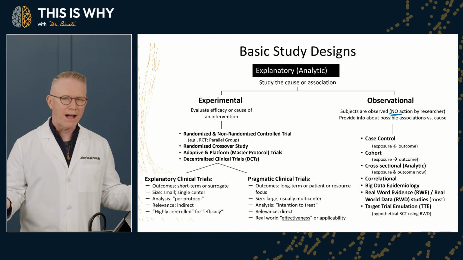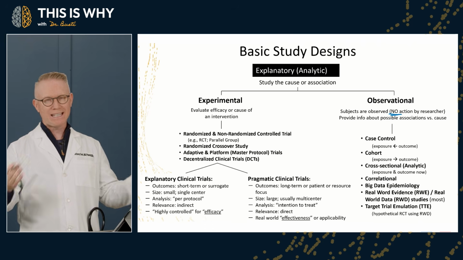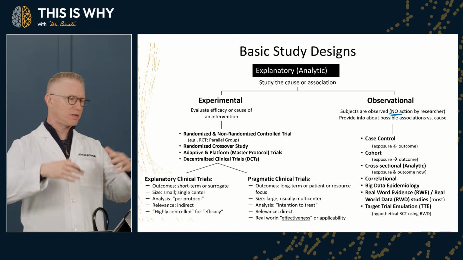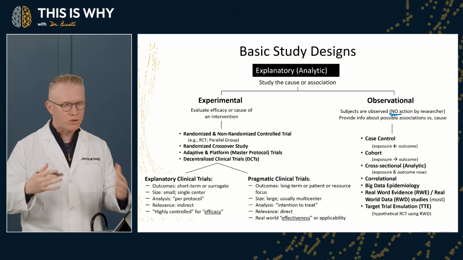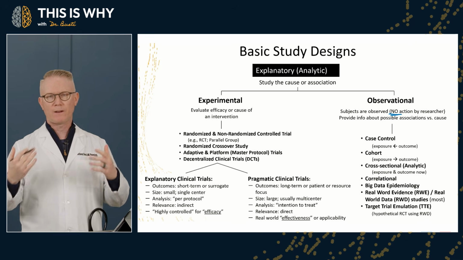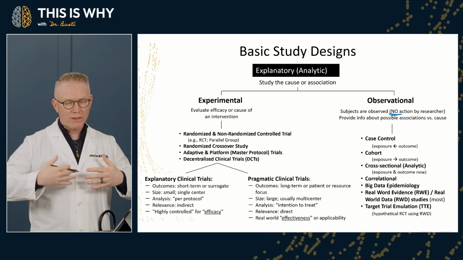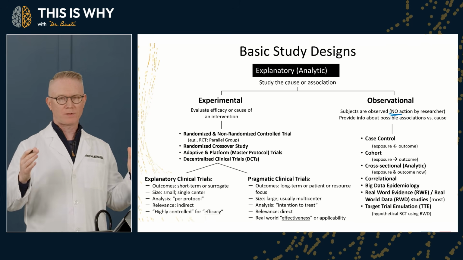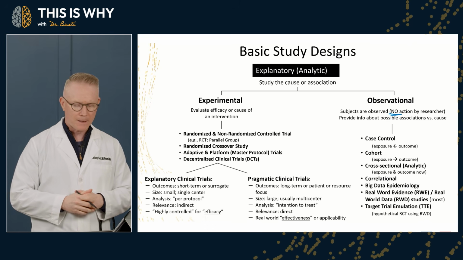There's now AI, where AI is getting involved in even decentralized randomizations and other parts of protocol development, even management and monitoring of data in real time in a much more efficient and effective way than we did in the past. And so with that, the evolution of different types of study designs has occurred over the past 2 decades, okay?